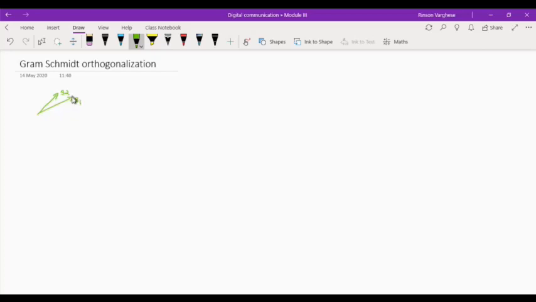Now you are asked to find two basis vectors to represent these vectors. What are the conditions on the basis? They should be orthogonal as well as normal. So one thing that you can do is this.